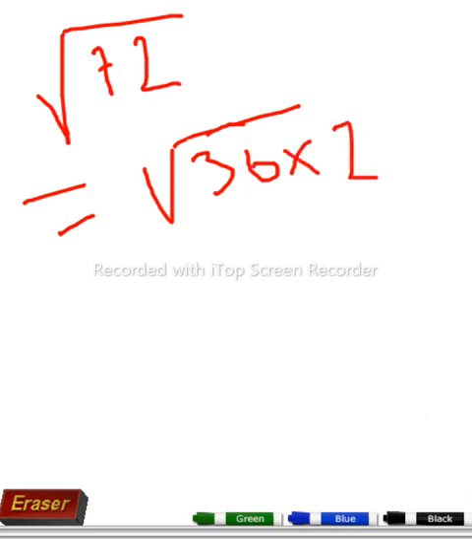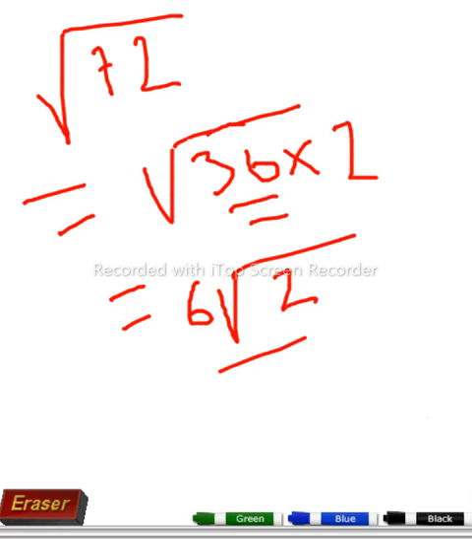So 36 comes out of the root as 6, because 6 times 6 is 36. And again we can take 2 as it is. After simplification, the square root of 72 is 6 square root of 2.